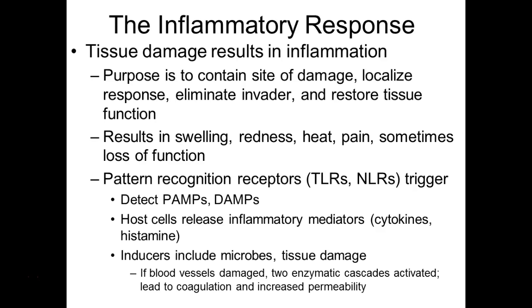So think about bacteria. What's a common substance that makes up the cell wall of bacteria? Peptidoglycan. Do you think we have receptors that detect peptidoglycan? You betcha. So we have these receptors on our cells, and when there's peptidoglycan present, we can detect it.